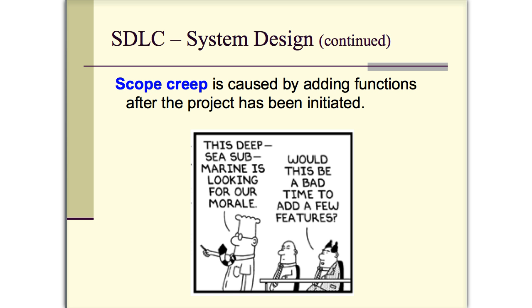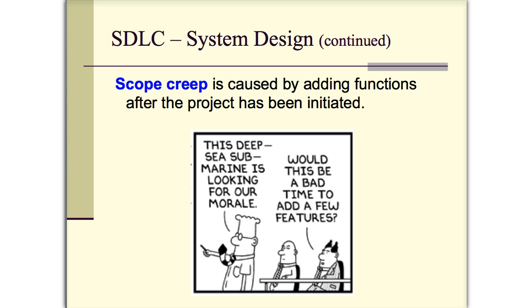Okay. One of the things that happens to many projects is this idea of scope creep. You have managers that, after the project has been initiated, decide that there's other functionality that they'd like to add. That can cause problems with that triple constraint. So if you add functionality, it's going to increase the cost, it's going to increase the schedule, and obviously it's increasing the scope.